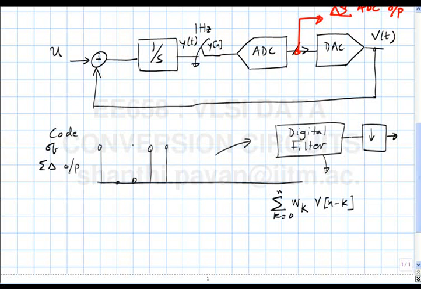That's the filter output here. So these W k's, which correspond to the weights of the filter, if you are to get 16 bits out here, this must be at least 16 bits long, right?